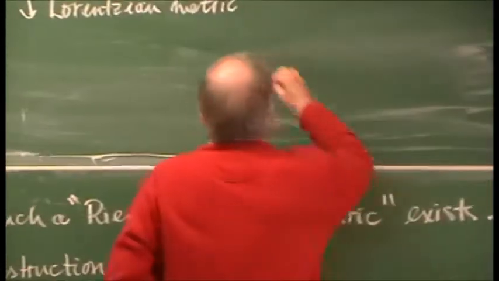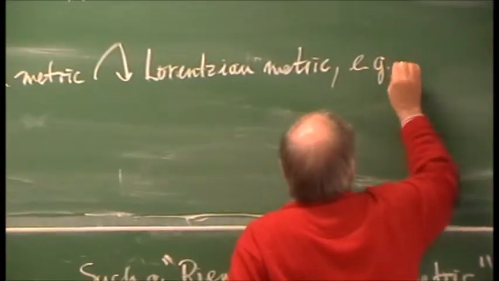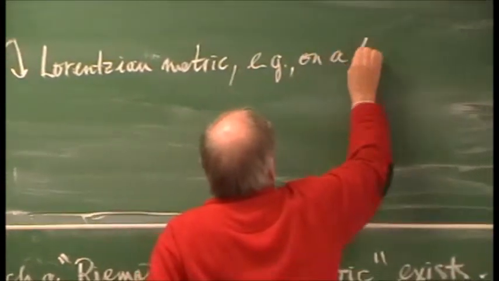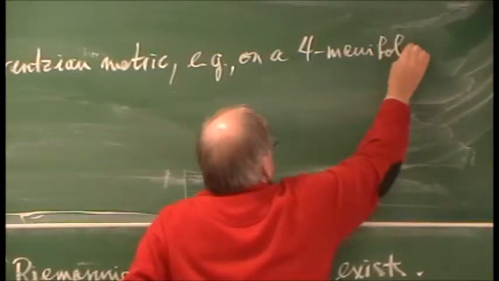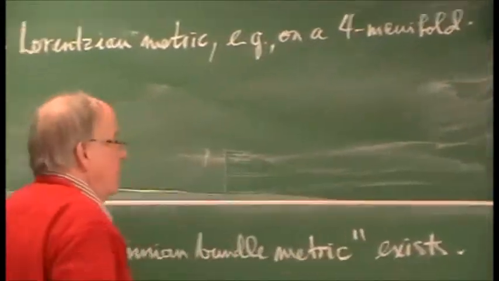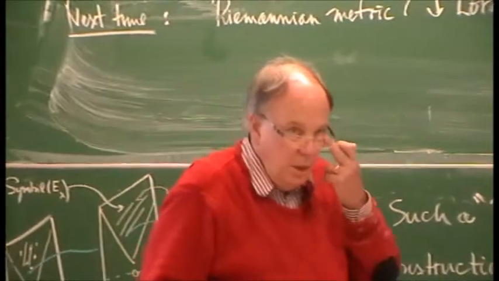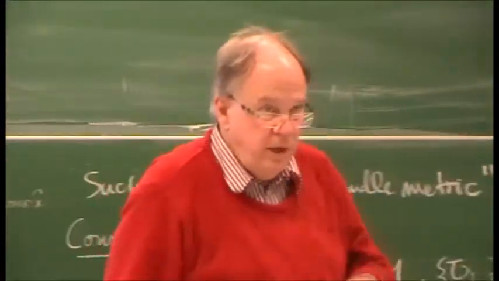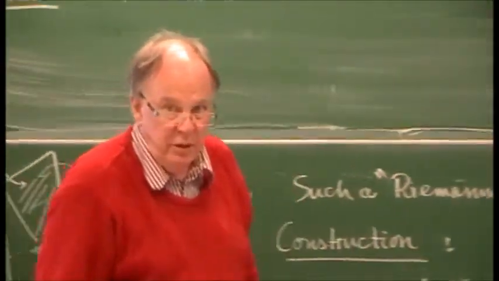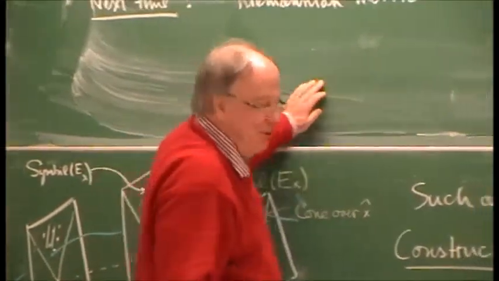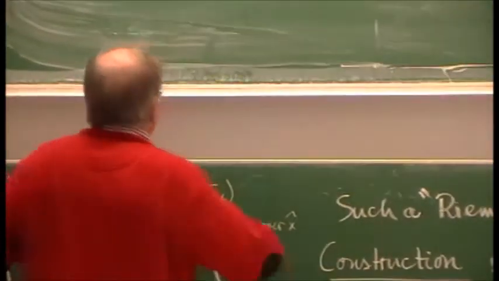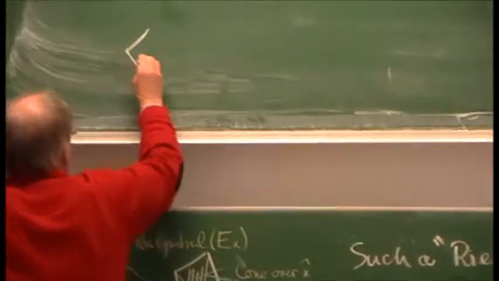For example, on a four manifold. When I say four manifold, I mean the dimension of the manifold. Now, the first ideas of Lorentzian geometry came from Lorentz, a Dutch mathematician. The Lorentzian metric, the standard Lorentzian metric.